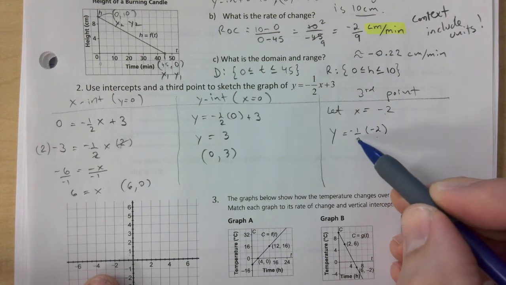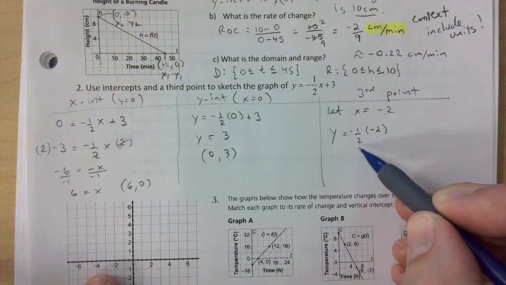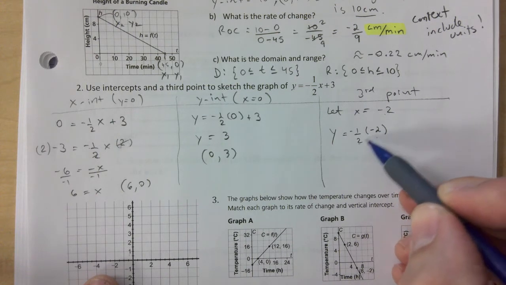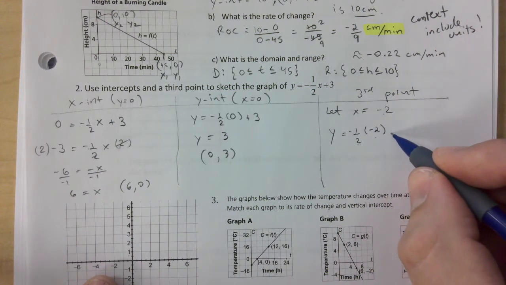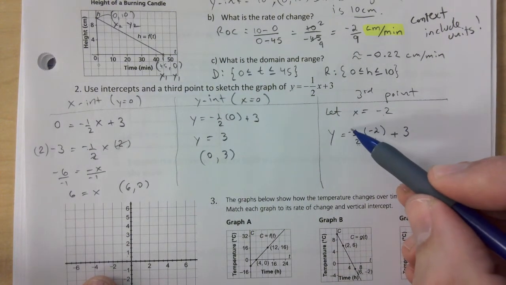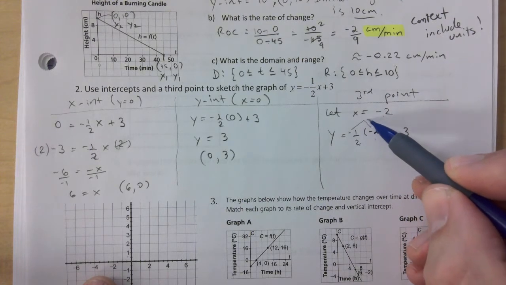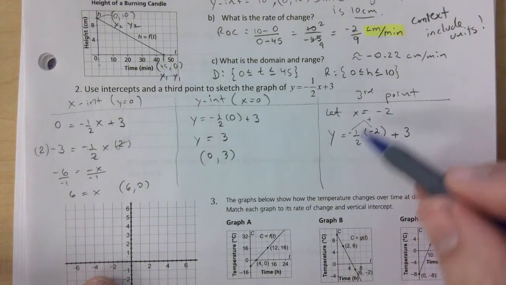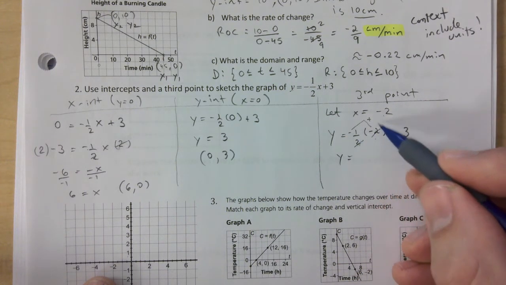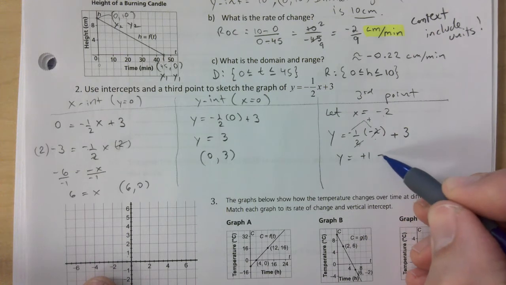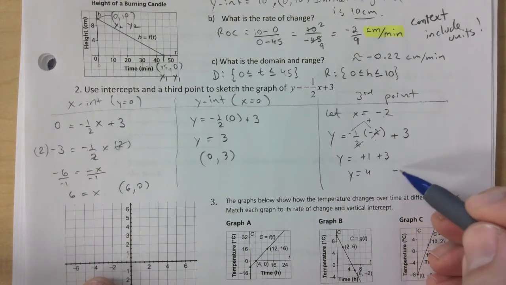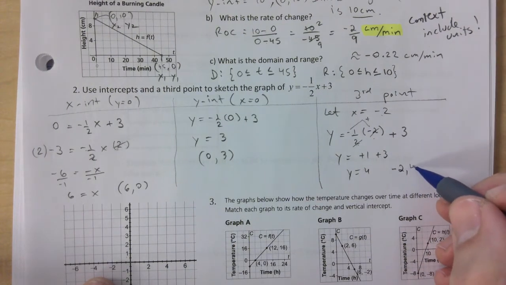So if there had been a 3 here or a 4 or whatever, that's probably the number that I would pick if it's a fraction, to cancel them out. Okay? And then it's plus 3. These two negatives will turn positive, right? So this whole thing will be positive. You can cancel the 2's. So this whole thing is just plus 1 plus 3. So y is equal to 4. So when x is equal to negative 2, y is equal to 4.